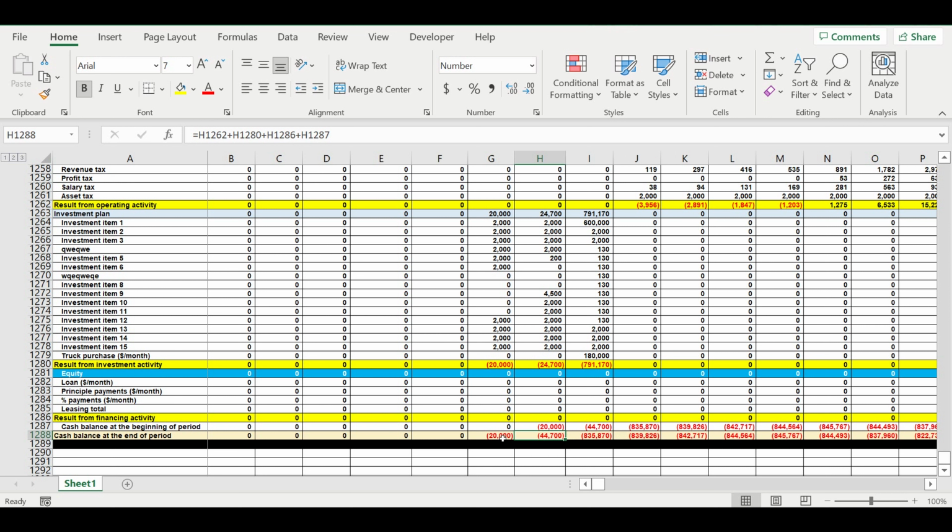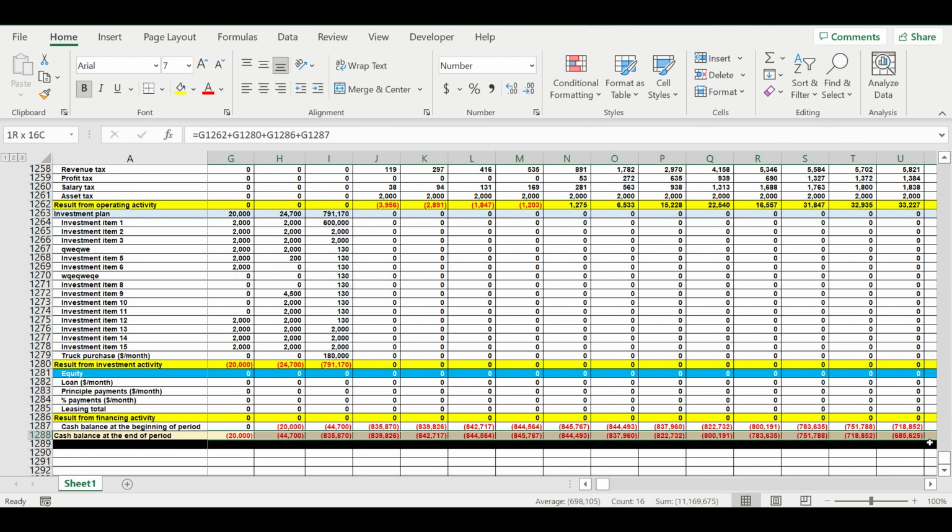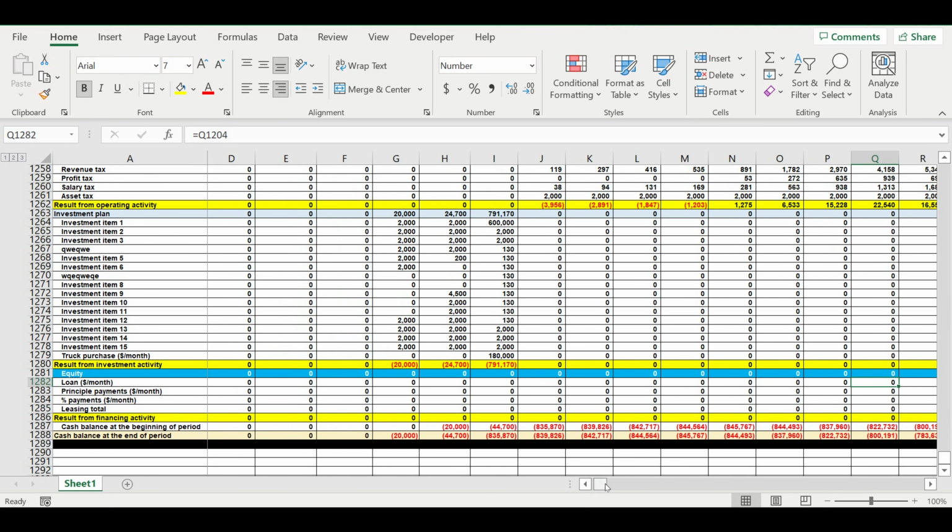If this line, like at the moment, is negative, we have minuses here. This means that we don't have enough money to start the business. That means that we have to add additional financing to the project.